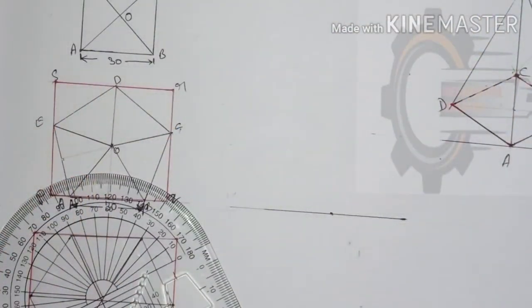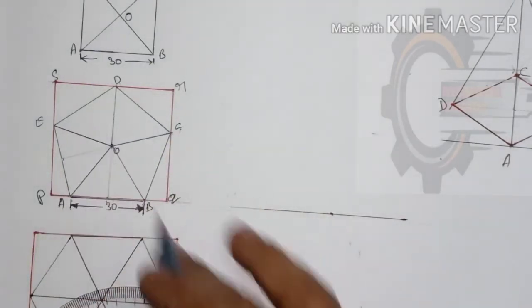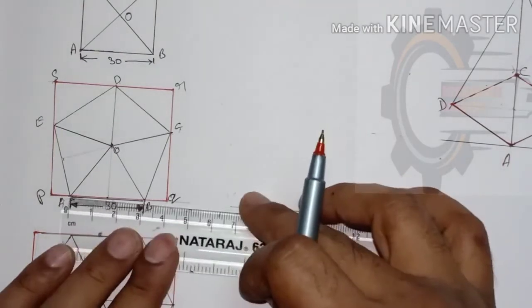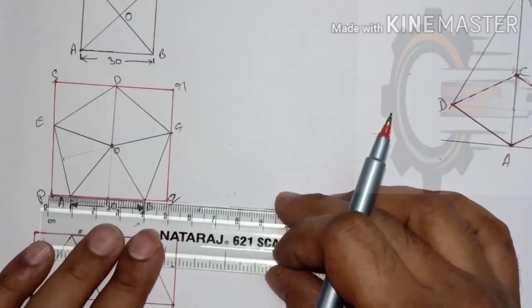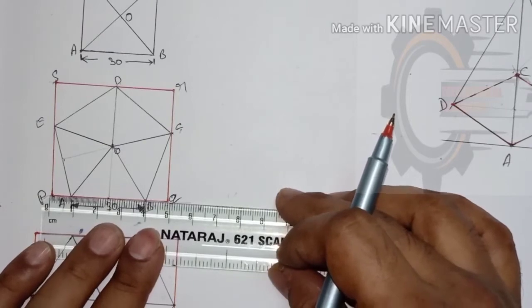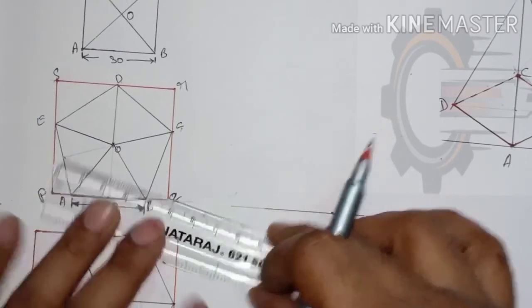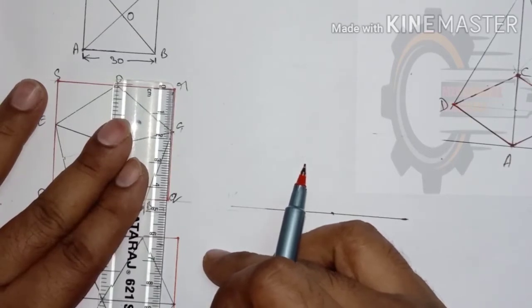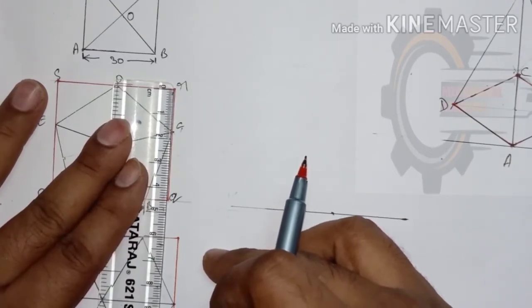Now first of all I'm going to draw the enclosing box. Okay, let's find out the enclosing box distance. So this is the 50 mm horizontal line and the 45 mm vertical line.